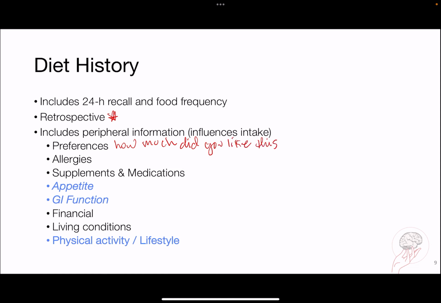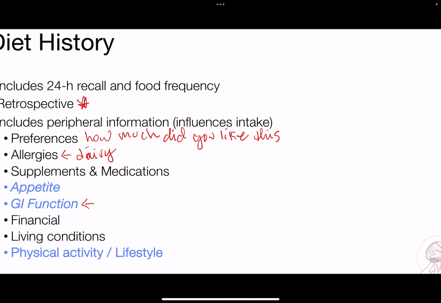We can ask about allergies. Important to know if someone has a dairy allergy. We can also ask about supplements and medications, appetite, GI function. We can do this pretty simply as how does your stomach feel? I'm going to say tummy because it's funner to write.